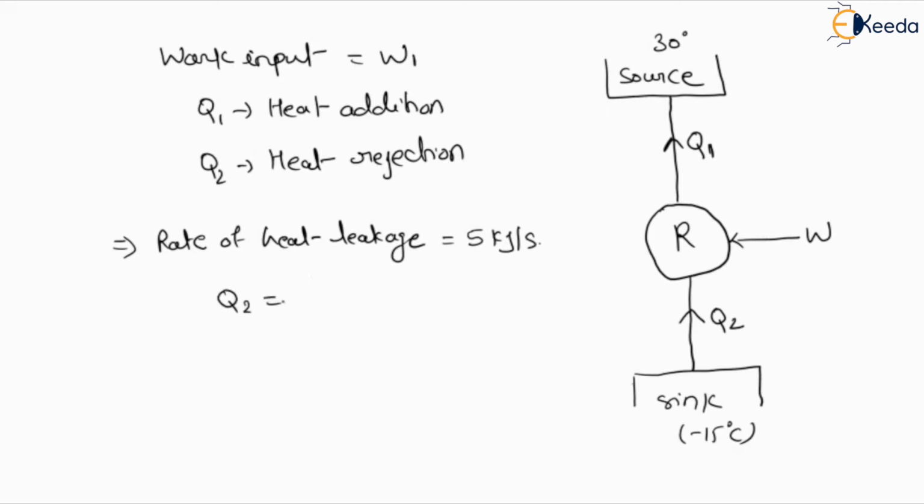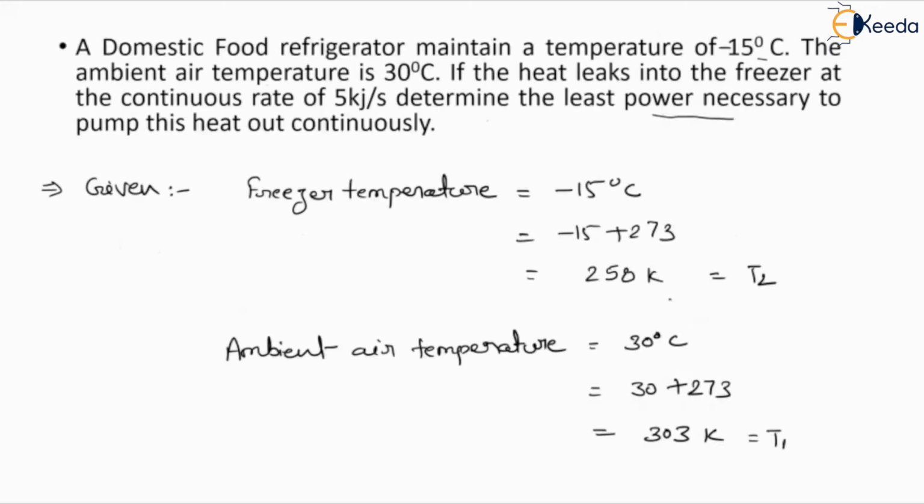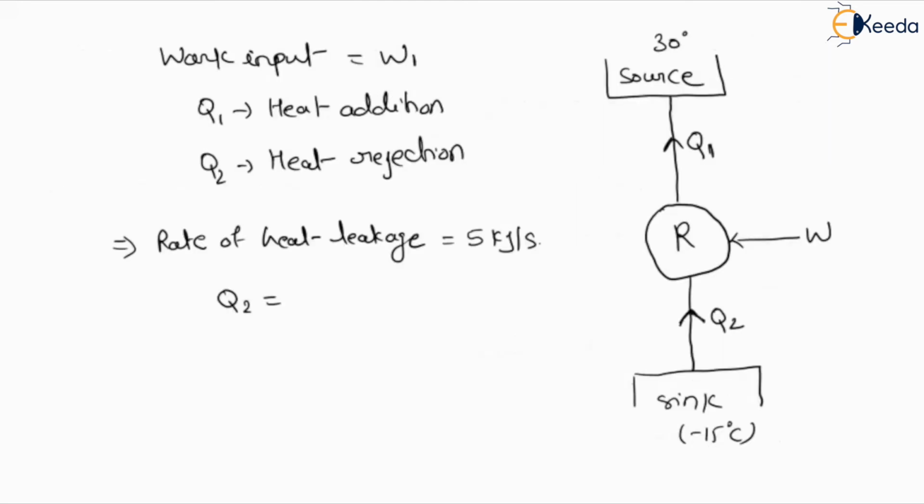Q2 is the heat leakage from the sink into the refrigerator. It is given that heat leaks into the refrigerator or freezer at the continuous rate of 5 kilojoule per second. So this heat which is going inside the freezer, this refrigerator we can consider as a freezer. So this Q2 is given as 5 kilojoule per second.